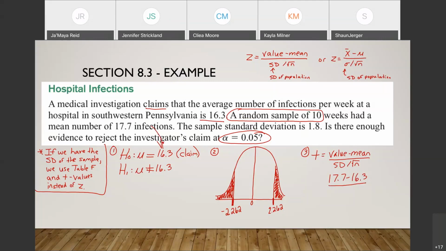Standard deviation was 1.8. Sample size was 10, right? Then we're going to take that to our calculator and plug it in.